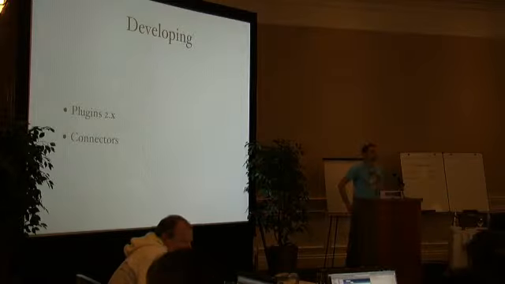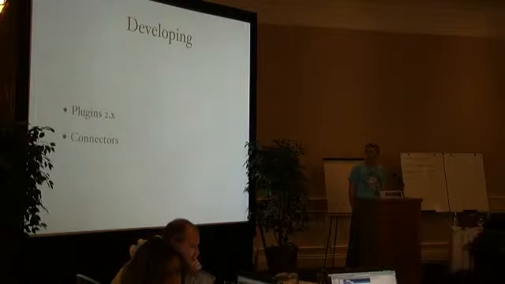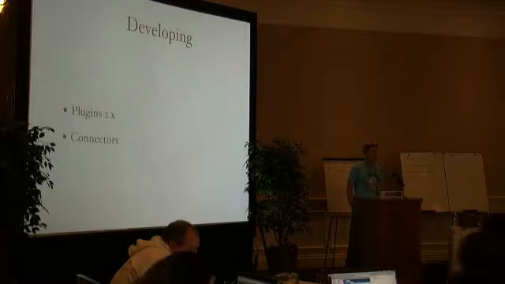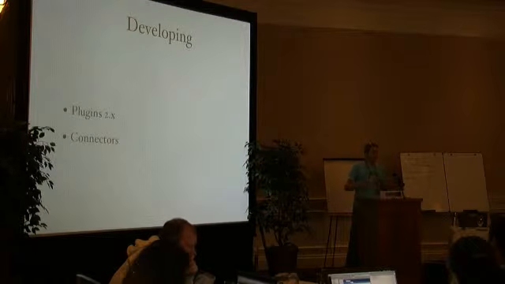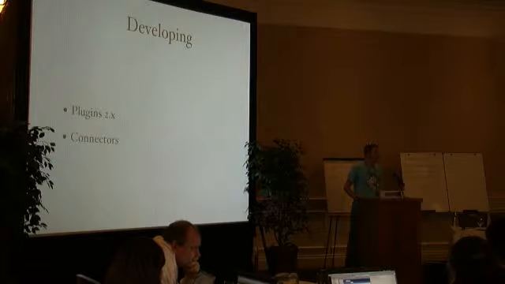So there's two ways you can develop with Crowd. The first is standard Atlassian Plugins 2, just like every other Atlassian app. It all works in pretty much exactly the same way. The other side is connectors, and this is the stuff that's unique for Crowd and is a little bit different.